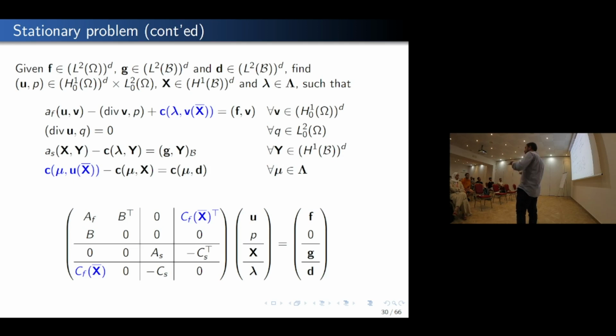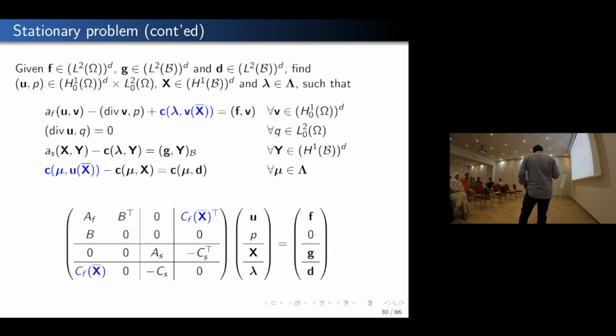This is important because all the analysis about our method is done on the stationary problem. Because it's simple, if you neglect some terms in A_F and A_S, you can choose analytical solutions, put them into the equation, get a right-hand side for the computation, and see the convergence and some examples.